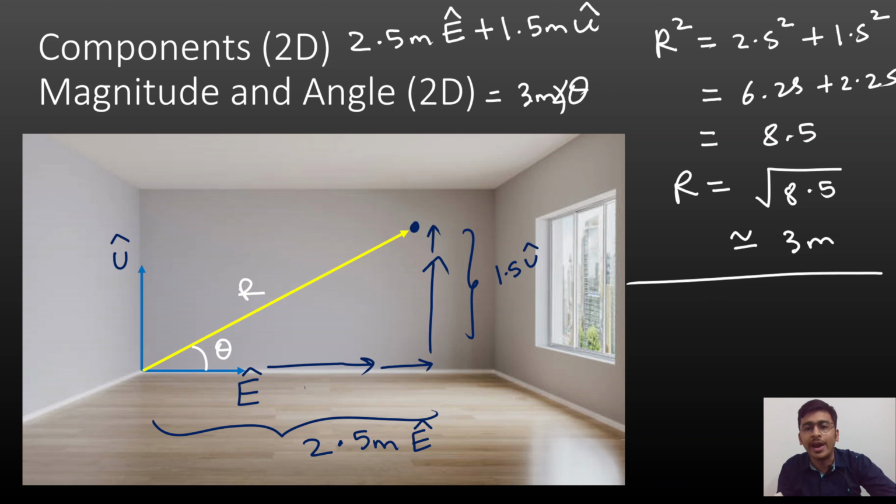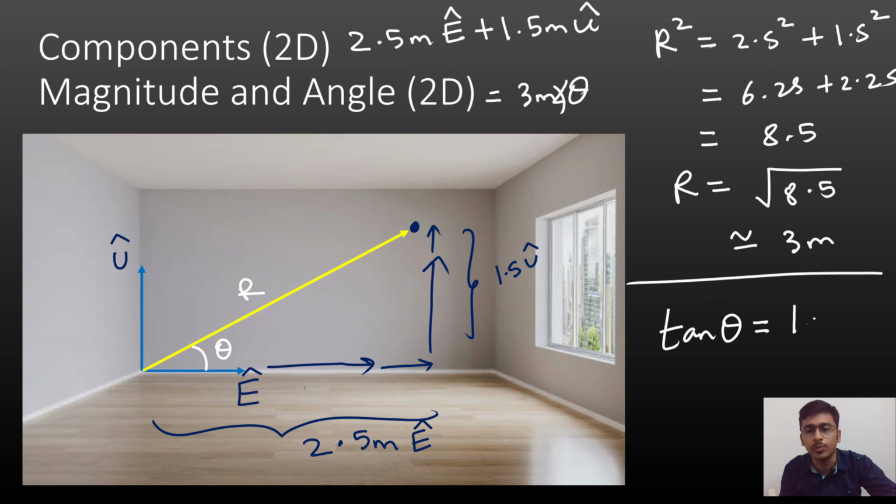We just saw the simple example where, to find this 3 meters, what we essentially did is use the Pythagoras theorem: square the components, add them up, and take the root to find the r vector. And to find the angle theta, we can use basic trigonometry. We can use tan theta. Tan theta is nothing but the perpendicular divided by the base.